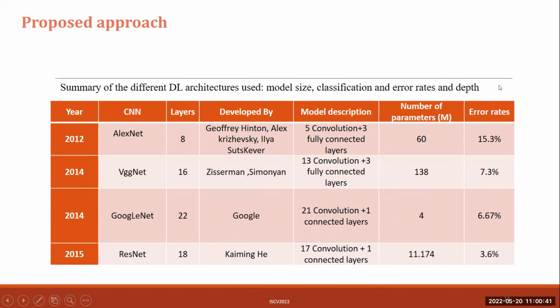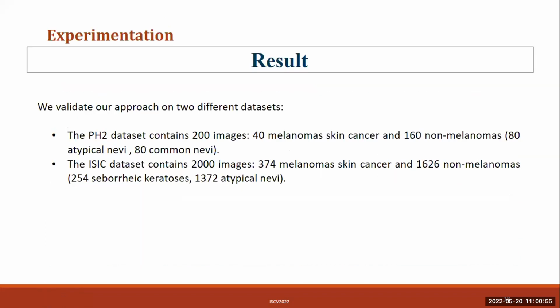Here we can see the error rate of each deep learning algorithm, and we can see that ResNet got a 3.6 error rate.